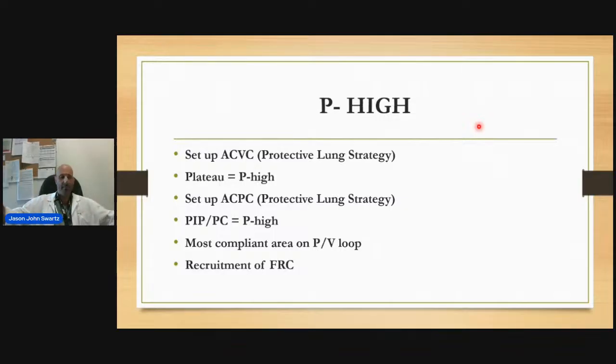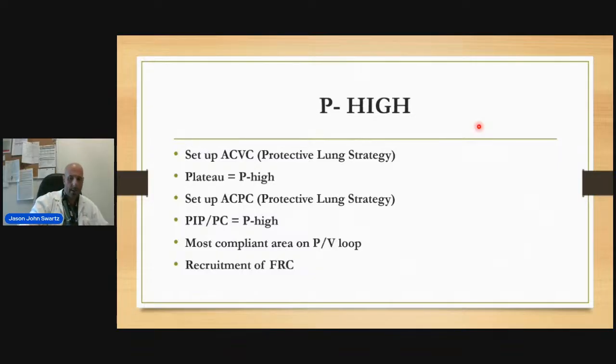Also, for example, on our vents, the pressure control is actually a peak inspiratory pressure. So if a patient's on ACPC and their compliance is really bad and we're trying higher PEEPs, we're unsuccessful at opening up collapsed areas, then it's reasonable to transition to APRV using the TCAV method wherever that peak inspiratory pressure was.